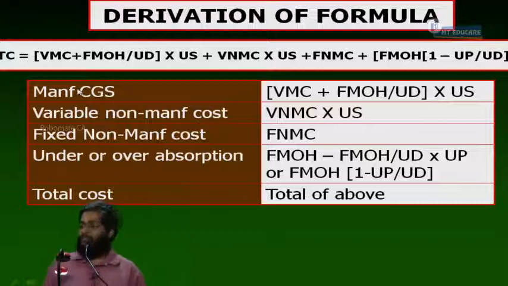Now, calculation of total cost. I will dictate. First write manufacturing CGS. CGS means cost of goods sold.